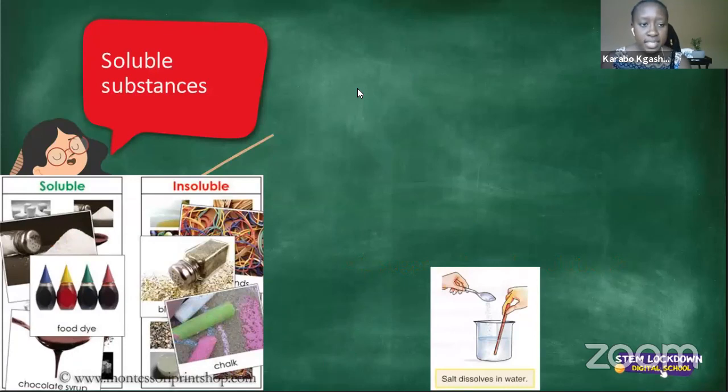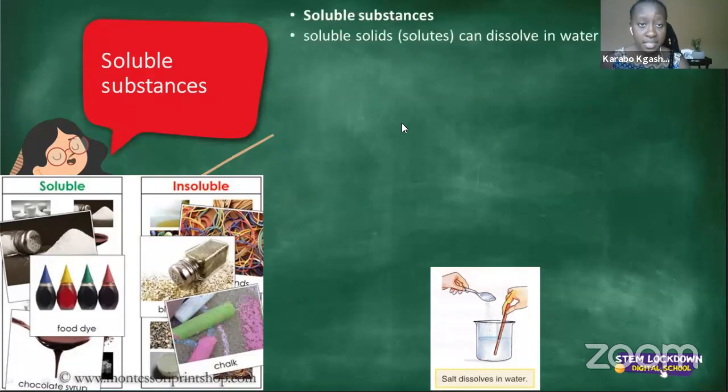Soluble substances. Now we're going to discuss the differences between soluble and insoluble substances. What exactly are soluble substances? Soluble solids, which are solutes, can dissolve in water. Anything that dissolves inside water would be a soluble solid.